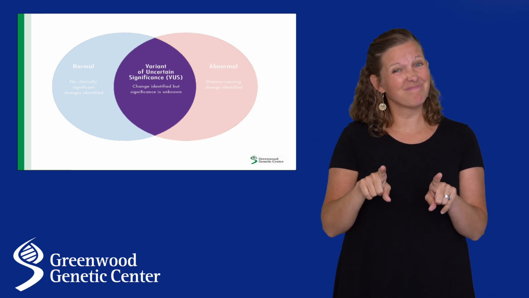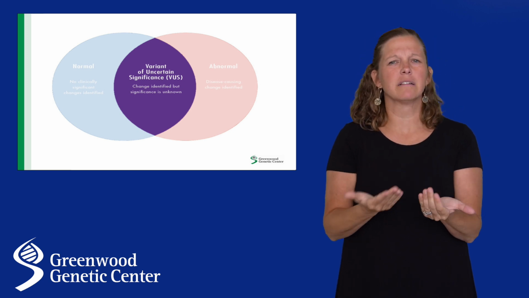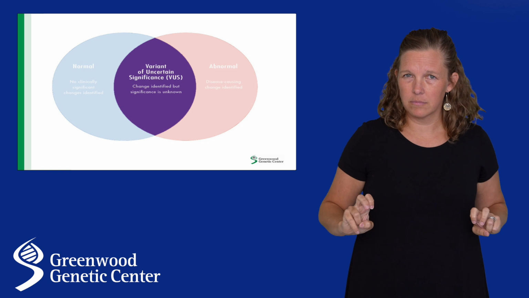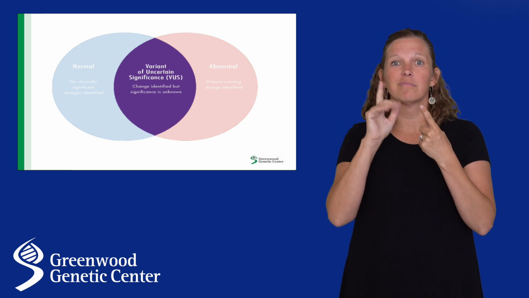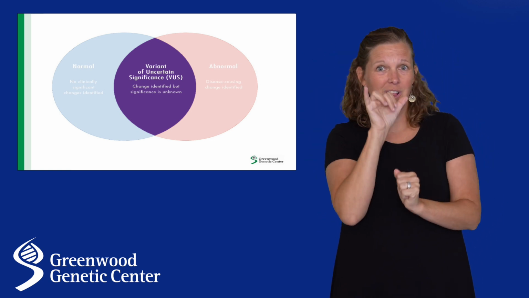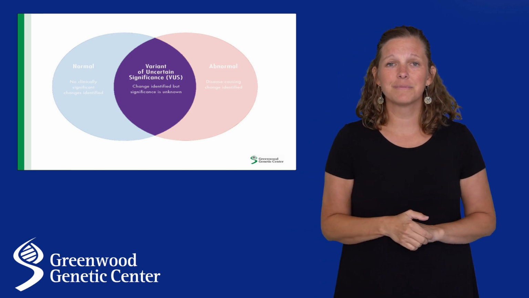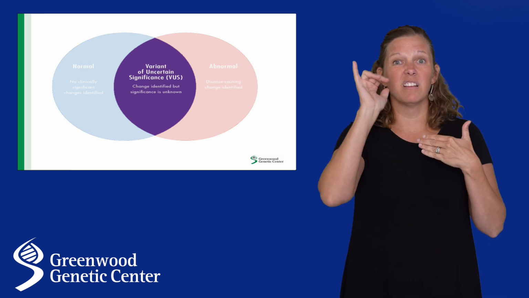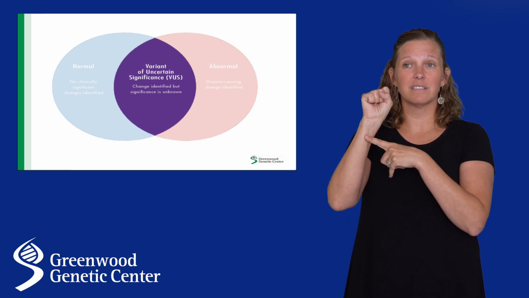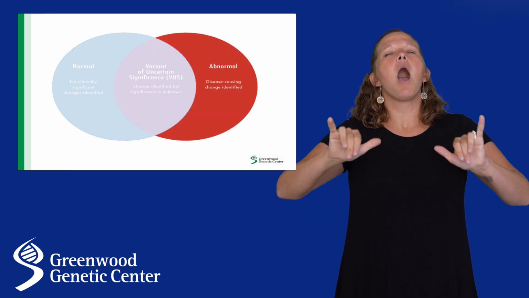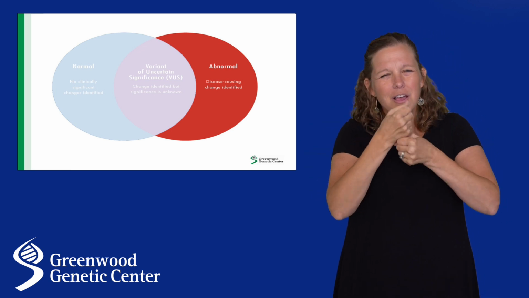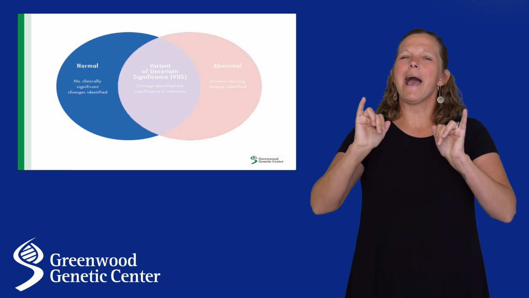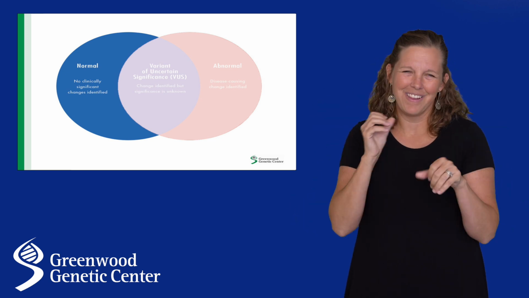In these situations, your provider might recommend additional testing or evaluations, or they might wait until we've learned more information about the change. As we learn more information, these variants of uncertain significance can be either upgraded to pathogenic or disease-causing, or downgraded to normal results.